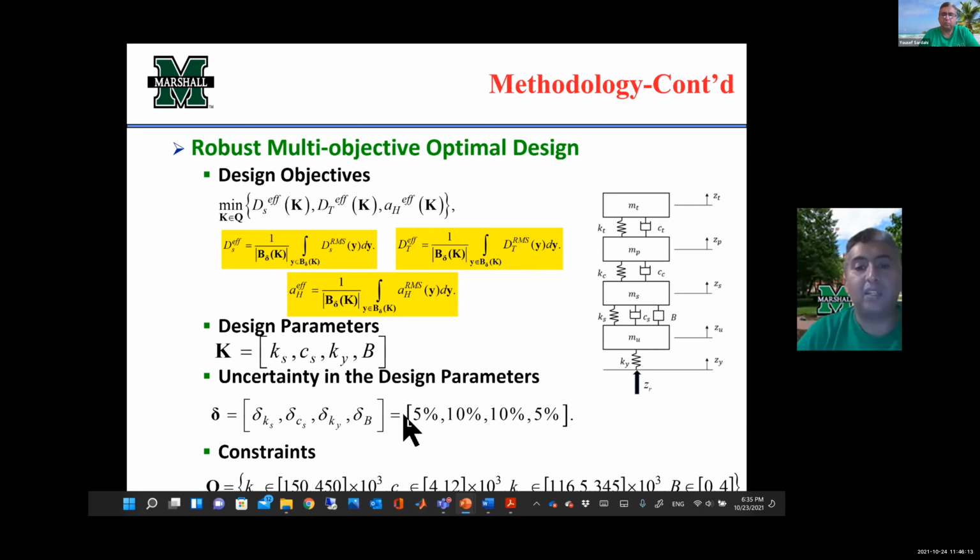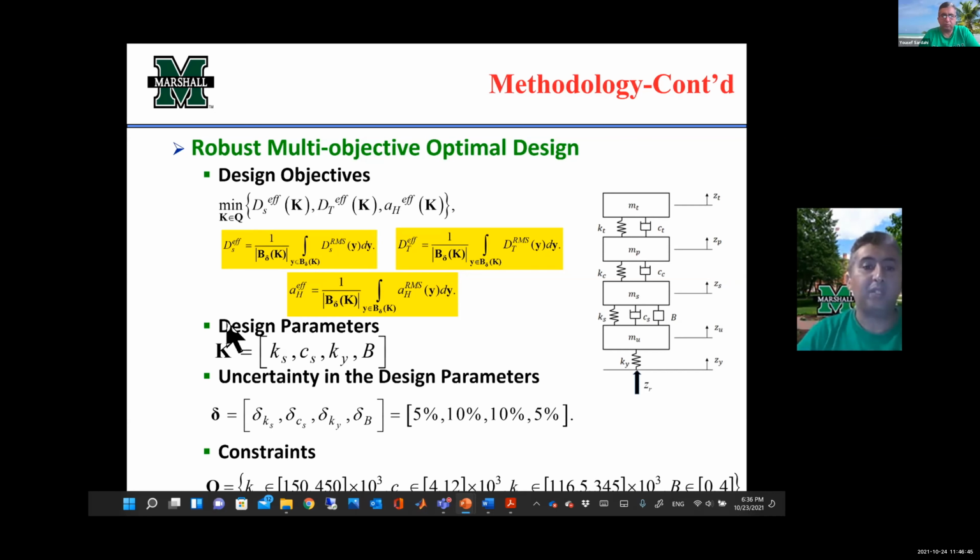Delta are the uncertainties which are given by these equations here, okay? And then we calculate the RMS for each objective, the RMS of DT, the RMS of DS, and the RMS of EH, by doing a function evaluation at Y. Y is within the neighborhood of K by perturbing the design parameters according to the uncertainties or the variation of the design parameter, because as I said, we want to consider that in the optimization.